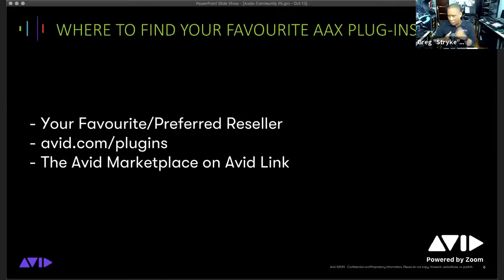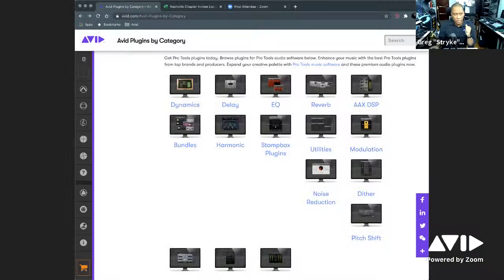Of course, we have our own marketplace as well, so you can purchase and find information on these plugins directly on avid.com/plugins, and of course the Avid marketplace on Avid Link. I figured what I would do is quickly share a couple of screens here to highlight what those look like. The first one I'll share is the plugin marketplace on avid.com.